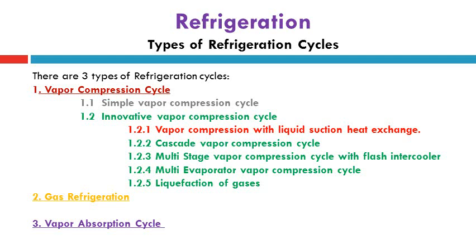The second part, number 2, gas refrigeration, is discussed in lecture number 10, and it acts like a reversed Brayton cycle. Also, the third part is the vapor absorption cycle, which will be discussed also in lecture number 10.